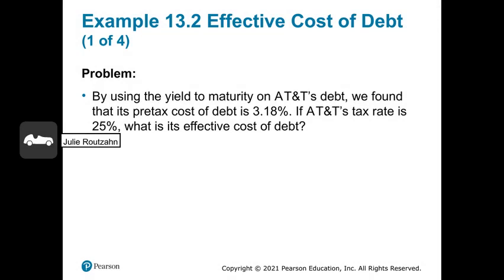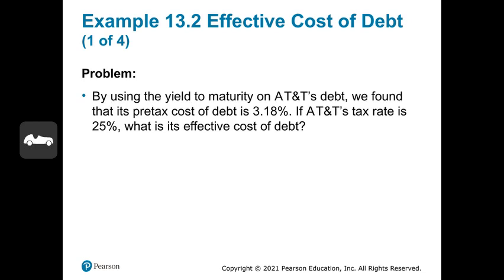So if we want to calculate this, we have a problem here. It says by using the yield to maturity on AT&T's debt, we found that its pre-tax cost of debt is 3.18%. If AT&T's tax rate is 25%, what is the effective cost of debt? So the effective cost of debt is going to be equal to R times parentheses 1 minus the tax rate.